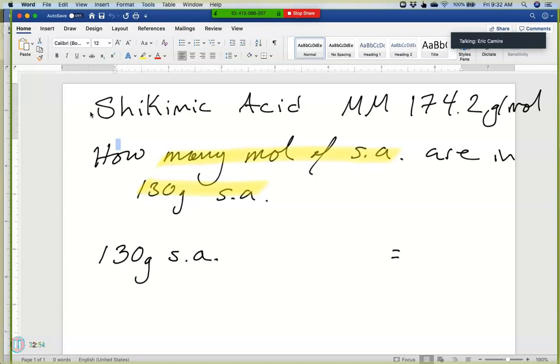So I have to set up some sort of dimensional analysis so I end up with moles of shikimic acid. So I have to multiply something through. Does anyone have any ideas? Let me ask the question this way: what units would I need in the denominator and the numerator to get grams to cancel and then to get moles on top? Does anyone have a suggestion for that?